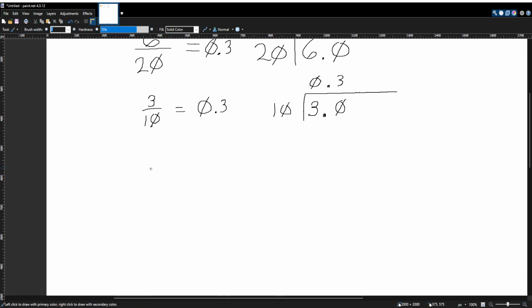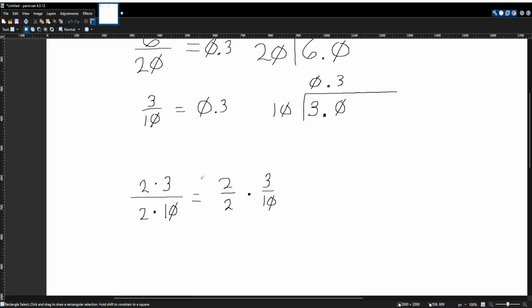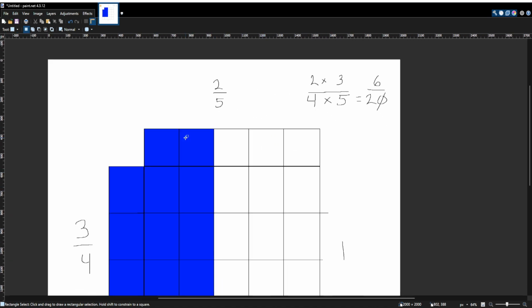And so if I take 6 and I break it down into its factors of 2 times 3, and I take 20 and I break it down into the factors of 2 times 10, then we can see that this is actually the same as 2 divided by 2 multiplied by 3 divided by 10, because we had the exact same thing happening back here, where I had 2/5 times 3/4. 2 times 3 divided by 4 times 5 is the same sort of behavior here.